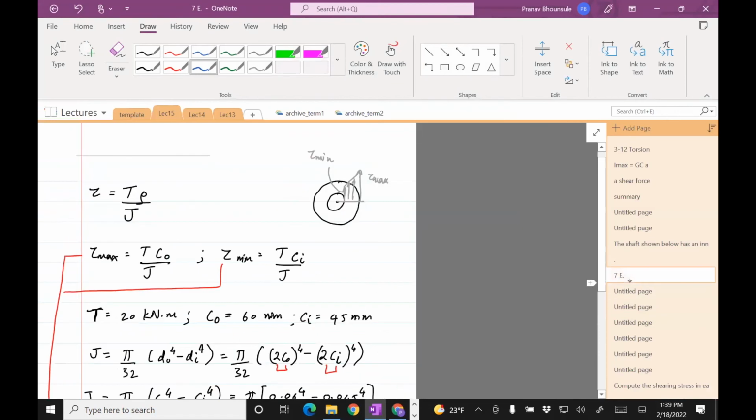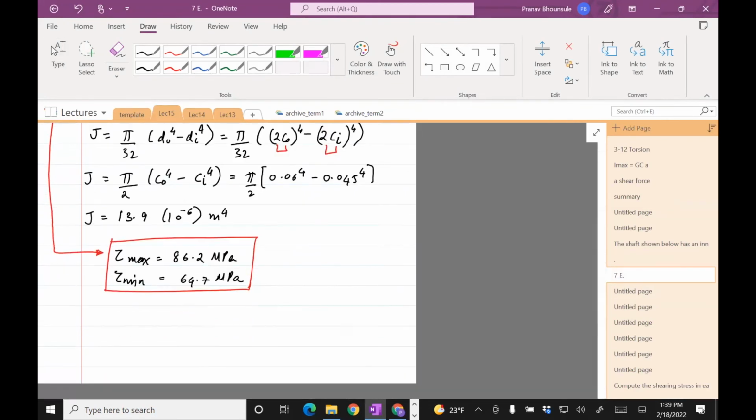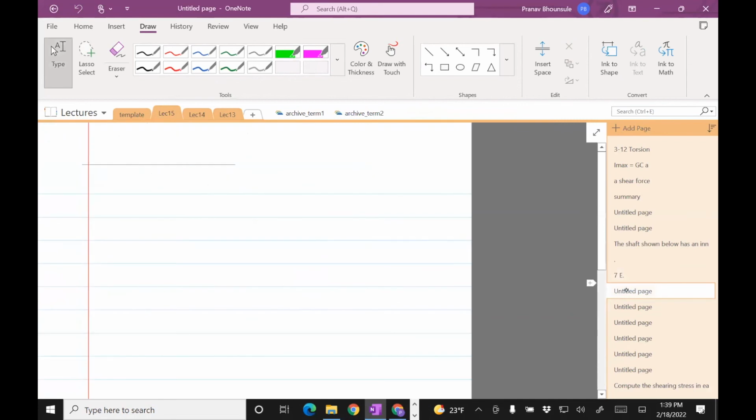This last part is similar to the previous problem, where we were asked to solve for the maximum stress. In that case, we were not asked to solve for diameter, but here we are asked for diameter.